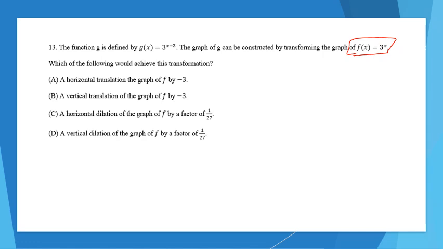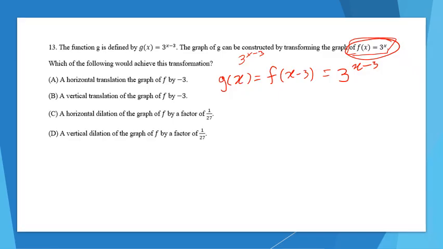So if we take a look at this equation, right, here we can say g of x, which is 3 to the power of x minus 3, is equal to, in terms of writing the transformation, f and then x minus 3 on the inside, right? Because we plugged that basically in for x in f of x there. This is going to be then 3 to the power of x minus 3, which was the equation for g of x.